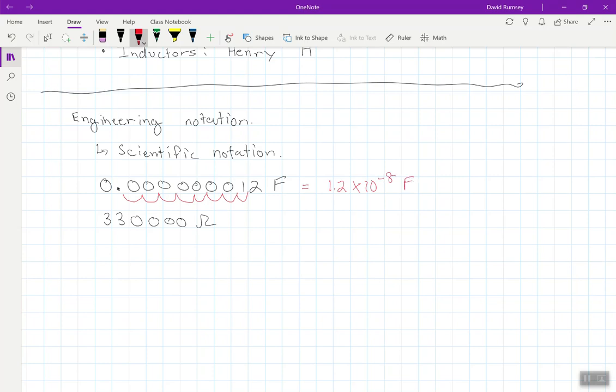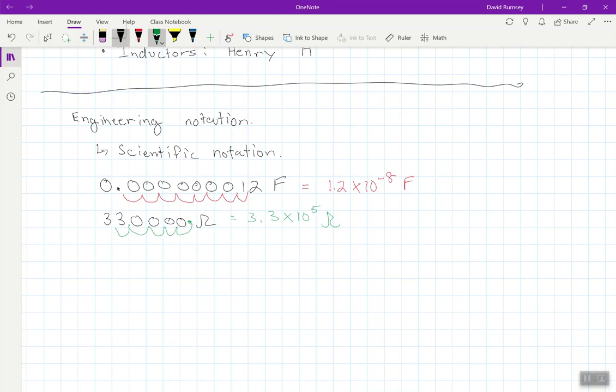And then if we did scientific notation for this one here, we'd move the decimal point back this direction. So 1, 2, 3, 4, 5, and so this would be equal to 3.3 times 10 to the 5th ohms.